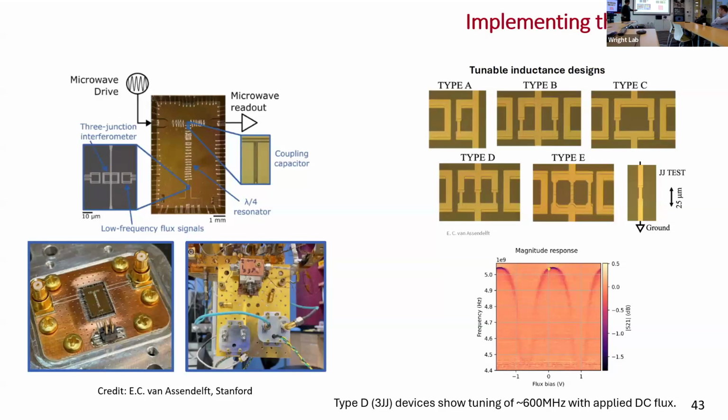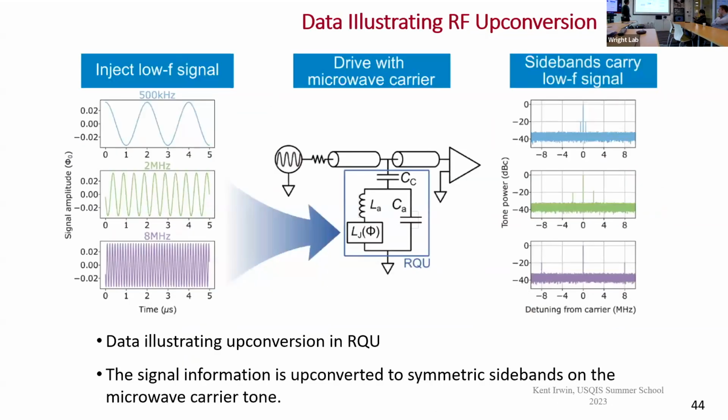You can see the frequency swing from a little over 5 gigahertz to about 4.4 gigahertz, so just through one quantum, 600 megahertz of flux response. This upconversion, going from the megahertz up to the gigahertz to read it out, has also been demonstrated.